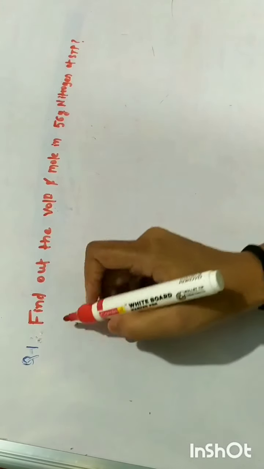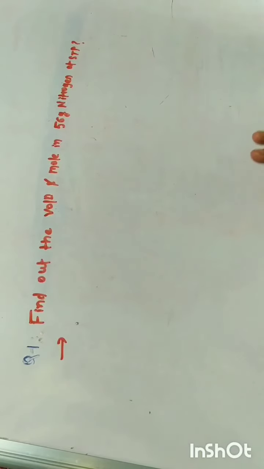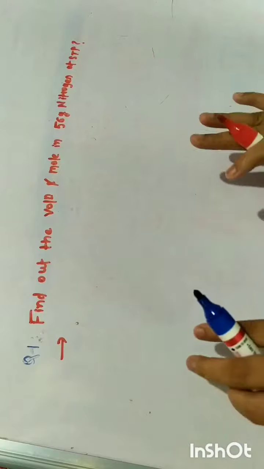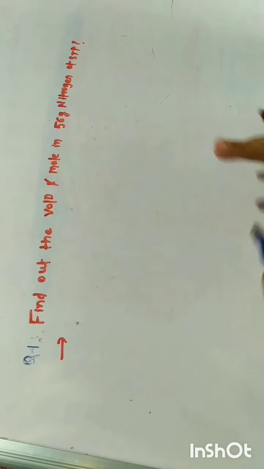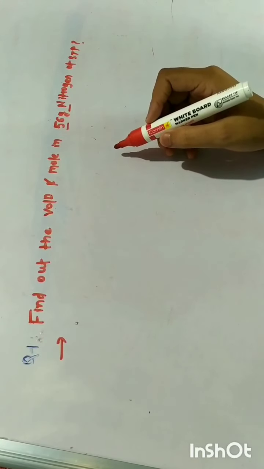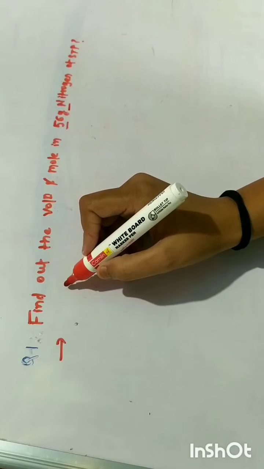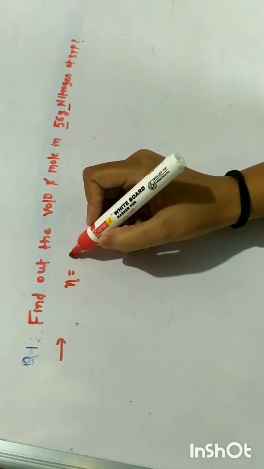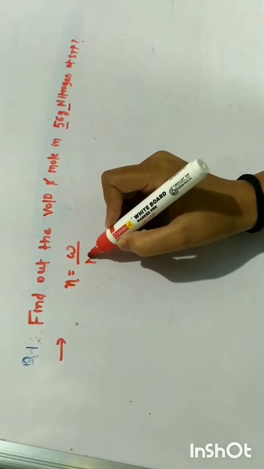Right? So while solving questions related to mole concept, first we will write the relevant things which we know from our theory portion, and then we start with the questions. Okay, so since weight is given, we know that number of moles in terms of weight is W by molar mass.